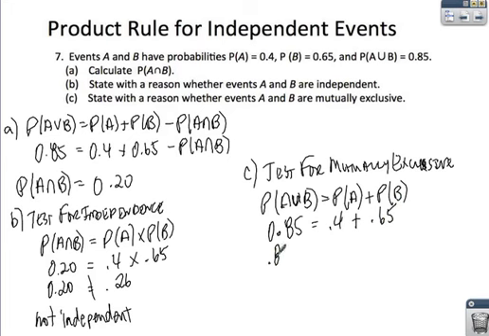Add them up. 0.85 is equal to 1.05, which obviously is not true, and so therefore they're also not mutually exclusive. Since there is an overlap though, there is a value for P(A and B). They are some type of combined event. They're just not independent. All right.